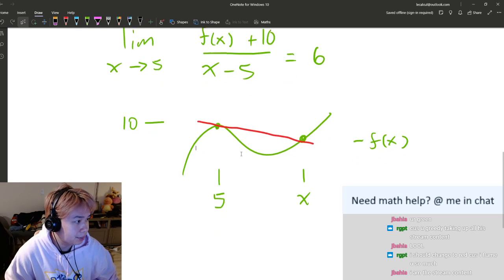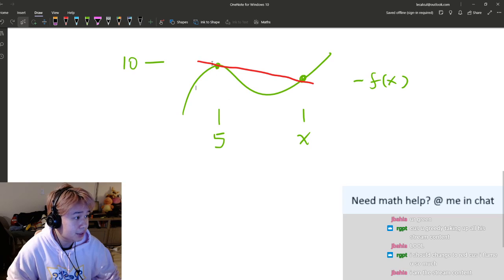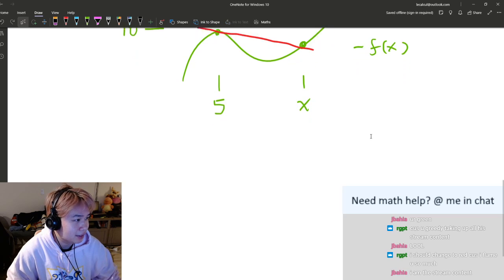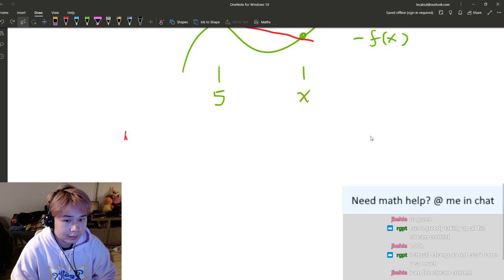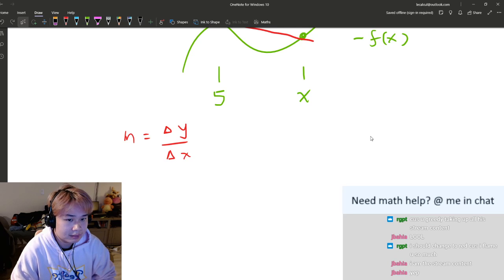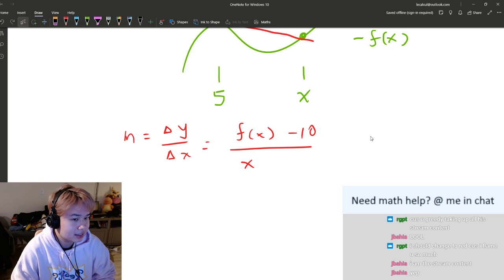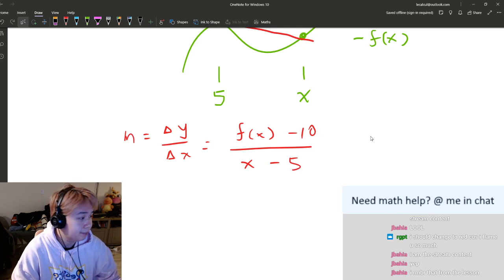So this is a proper slope because you have 2 points. So you take the difference in the y's and then you divide by the difference of the x's, like rise over run, right? So again, slope is change in y divided by change in x. In other words, you take f of x, you subtract 10, and then you divide by x minus 5, right?